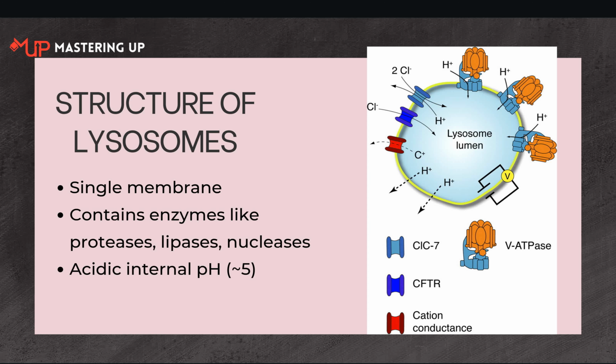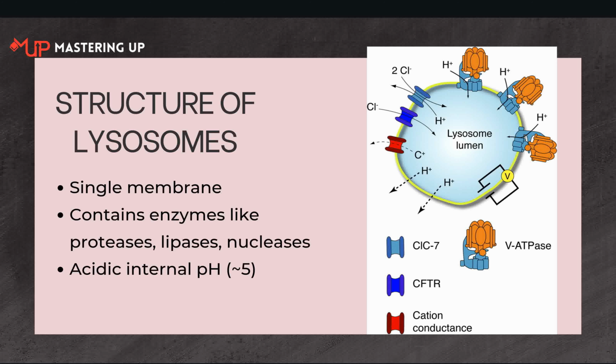Now let's see the structure of lysosomes in detail. Lysosomes are spherical organelles enclosed by a lipid bilayer. Inside, they contain hydrolytic enzymes that work best in acidic environments. That is, the acidic internal pH value is approximately 5.